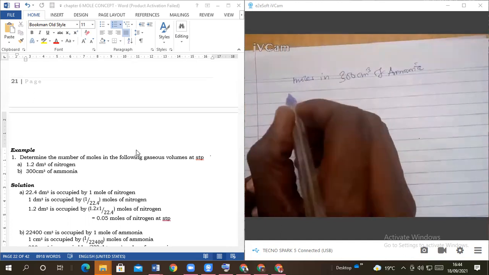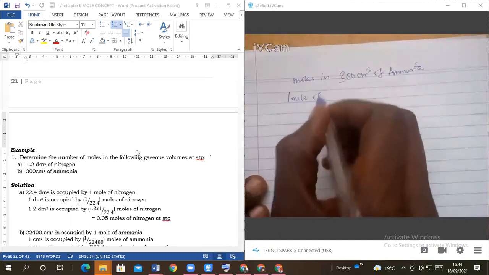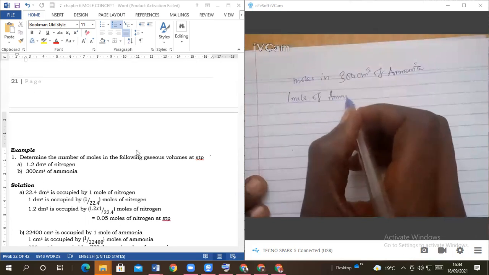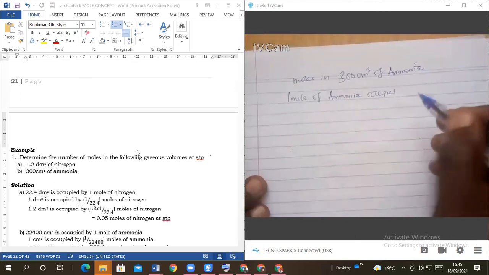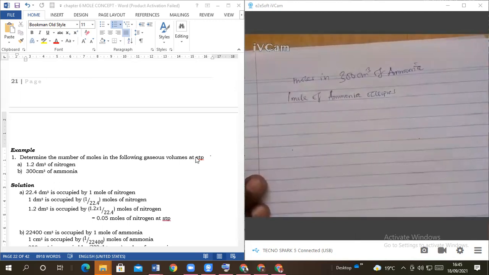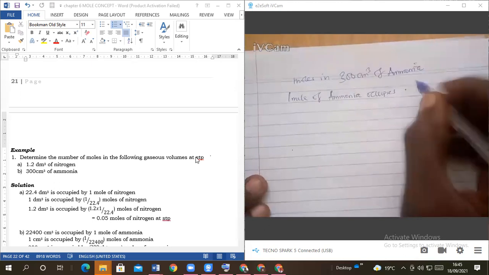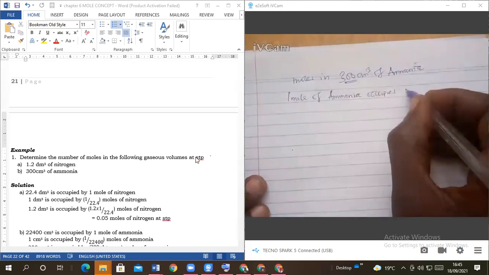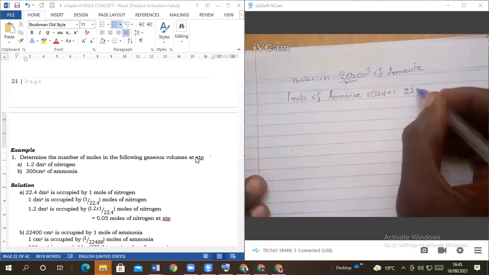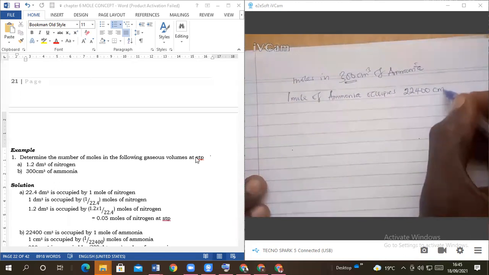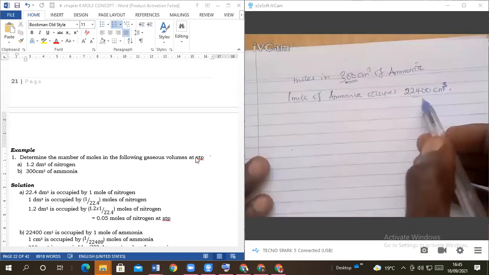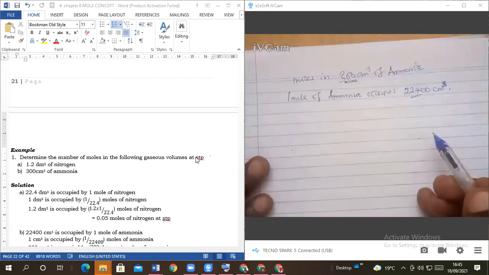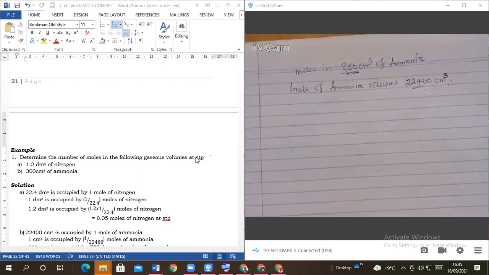Start with writing a statement saying 1 mole of ammonia occupies what? They have given us the condition, it is still the same, STP. Now they have given the volume in cubic centimeters, so make sure you also write your answer here in cubic centimeters. It's 22,400 cubic centimeters. That is the volume it occupies. They have given you this. You rewrite the statement the other way around and look for the number of moles in ammonia.